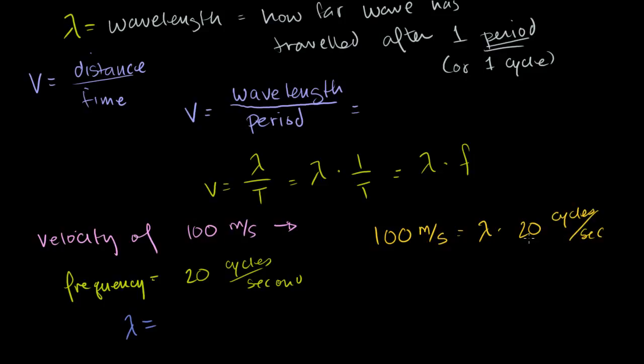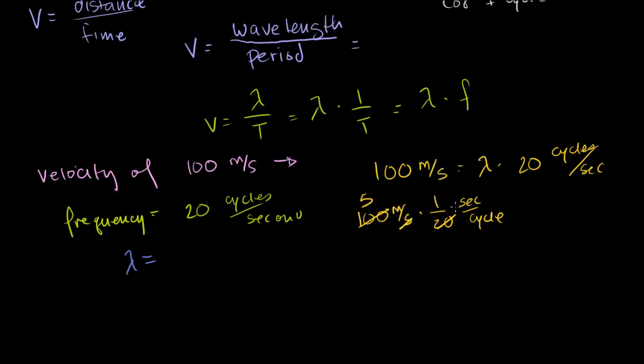If you divide both sides by 20 cycles per second, you get 100 meters per second times 1 over 20 seconds per cycle. This becomes a 5, this becomes a 1, the seconds cancel out, so you get 5 meters per cycle, which would be your wavelength in this situation.